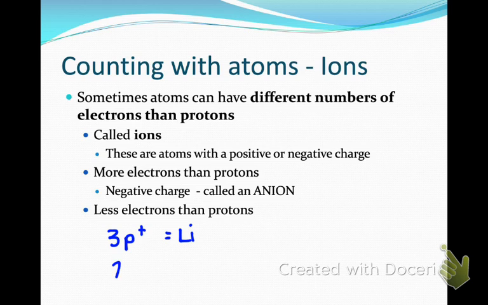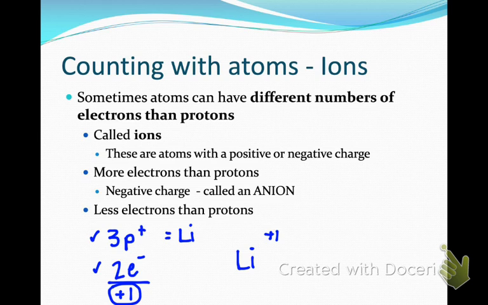What if I only have 2 electrons? 3 positives and 2 negatives leaves me with a +1 charge, which means it would be written as lithium with a +1 charge.